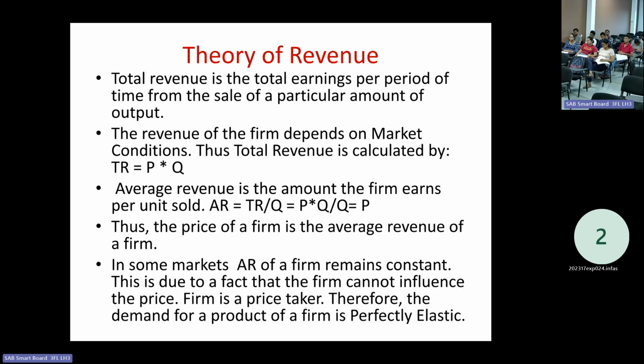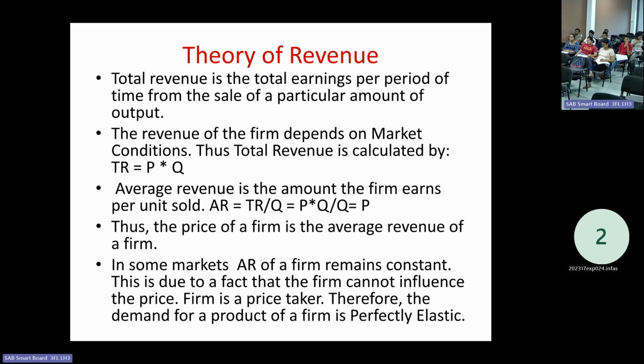In other markets we take the same form, price equals average revenue. But in some markets the price is fixed, so we can take average revenue as constant in such a market.